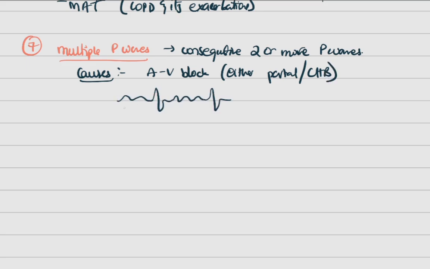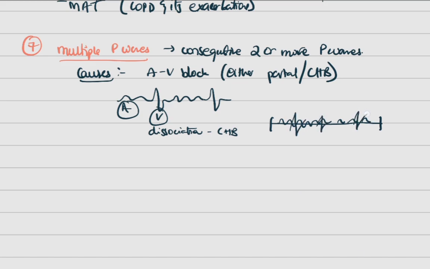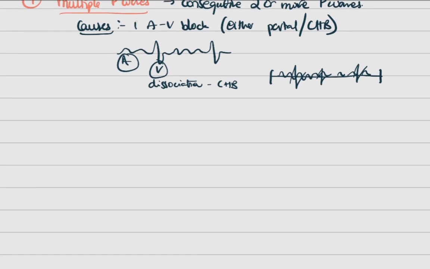So there will be complete atrioventricular dissociation in case of a complete heart block. So there could be P waves like this on the ECG, many P waves, but the QRS complex in random locations. They are not in synchrony with the P wave. So this is one of the causes for multiple P waves.